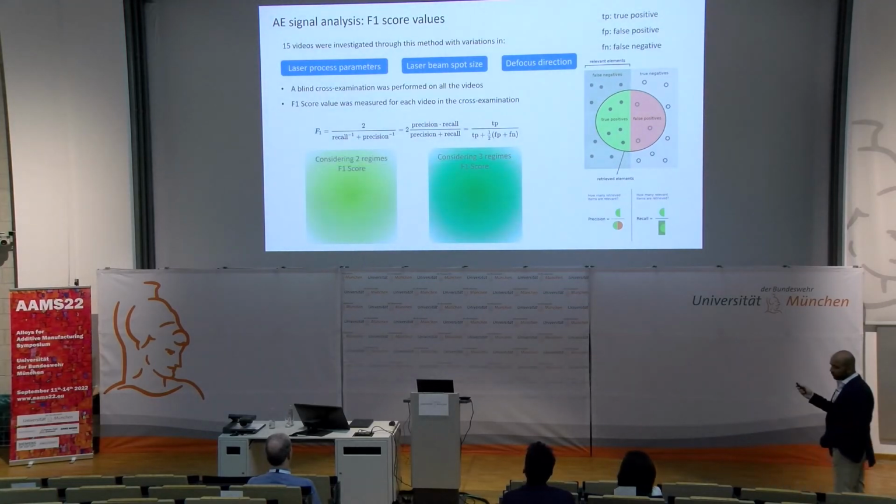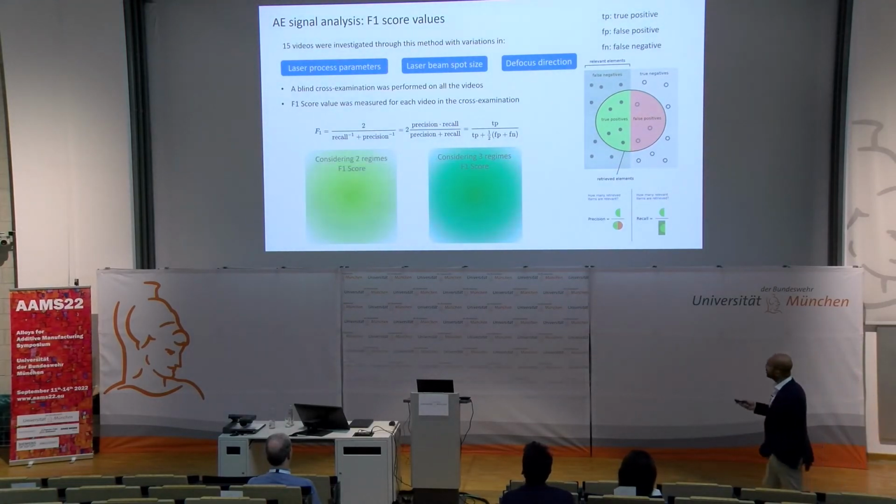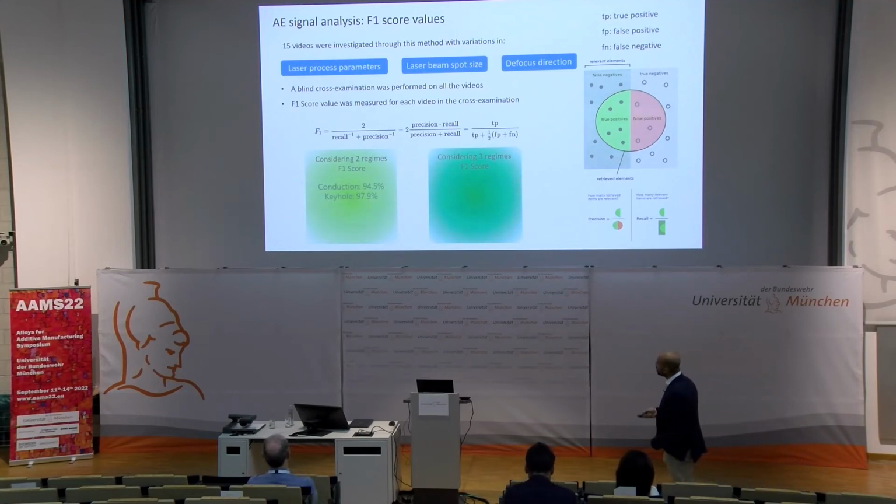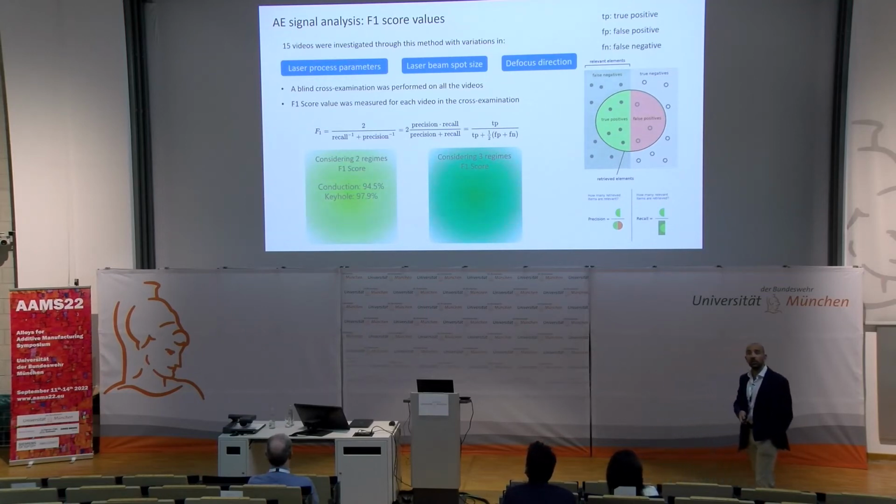So if we consider only 2 regimes, keyhole and conduction, we got extremely high values because the maximum is 100% for conduction and keyhole, so we were almost always accurate with a time resolution of maybe some microseconds.